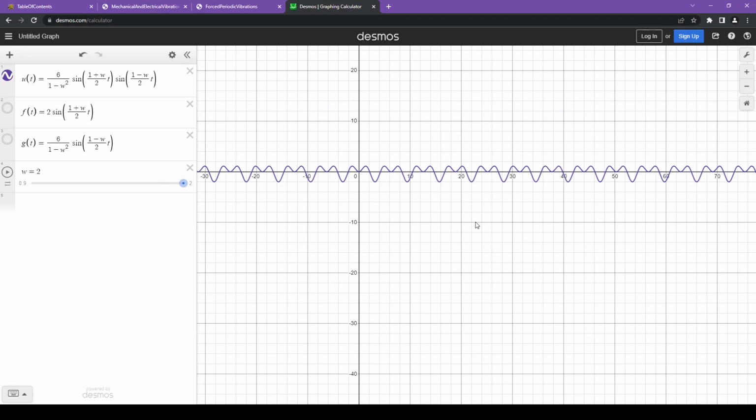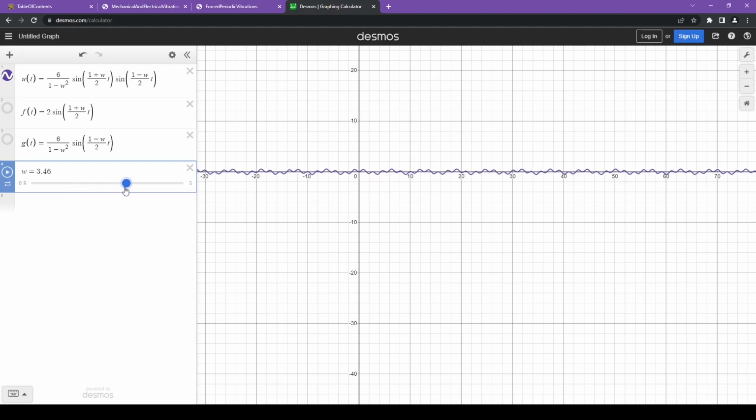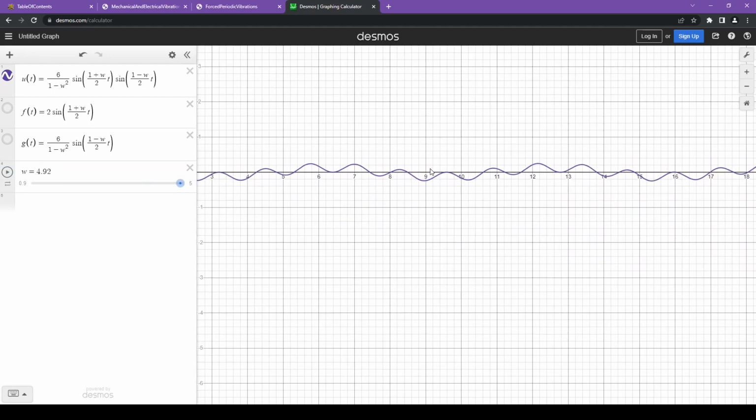The forced oscillation is so much higher frequency than the normal behavior of the system that it kind of gets stuck. And if we greatly exceed that value, then it basically goes to nothing.